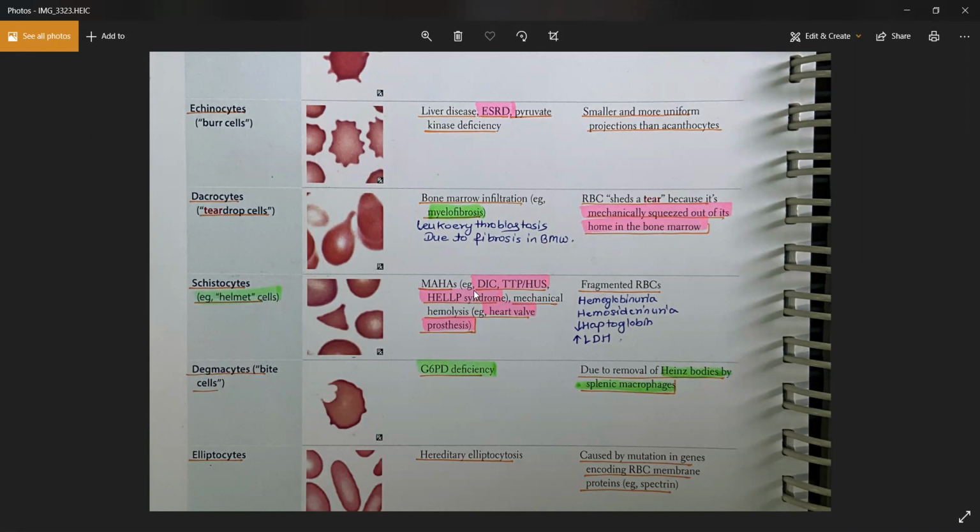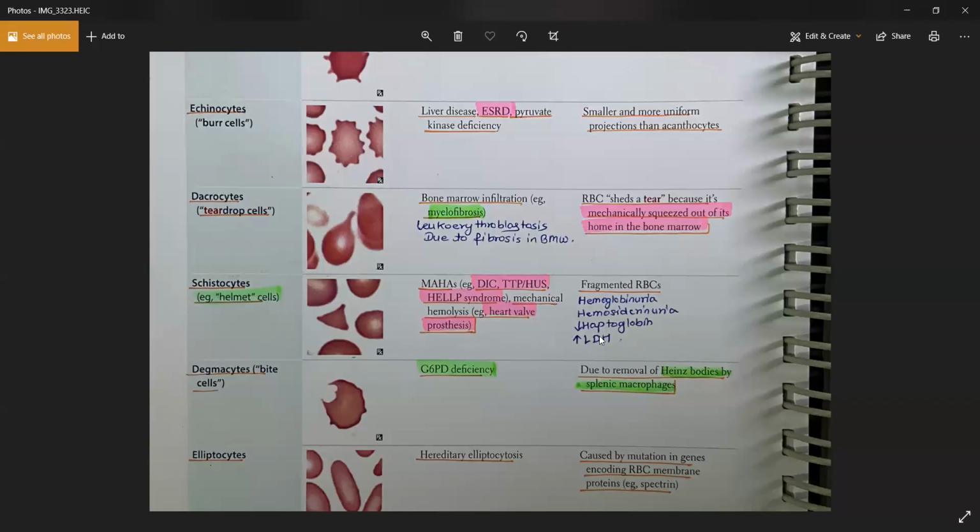Examples include DIC, TTP-HUS, HELLP syndrome, and mechanical hemolysis, which includes the prosthetic heart valve implantation. And because intravascular hemolysis is there, you can also have a high level of LDH and a low level of haptoglobin.